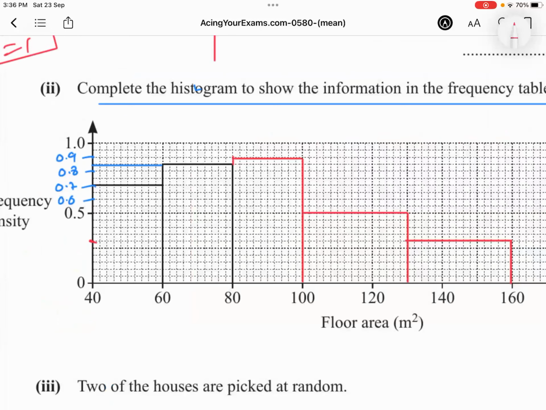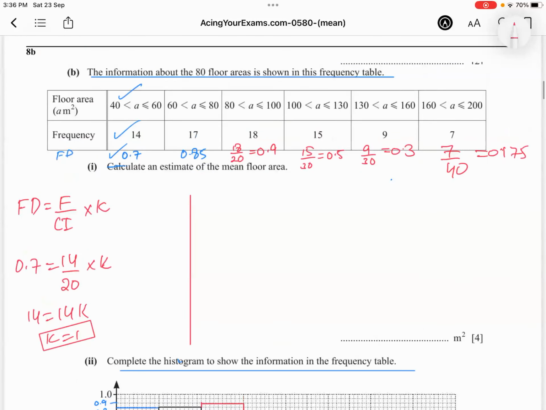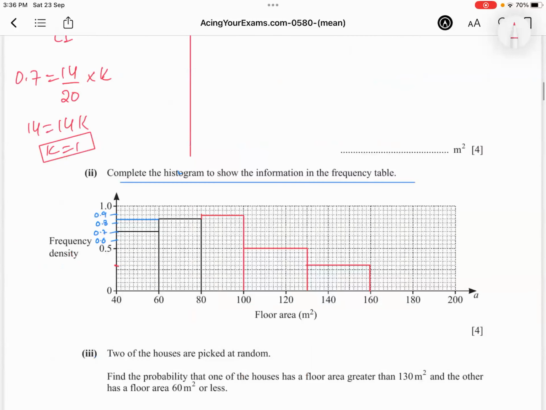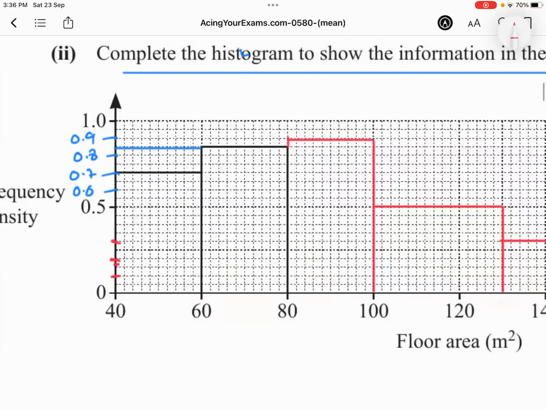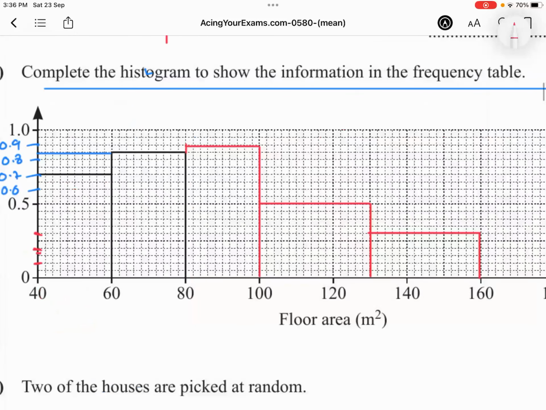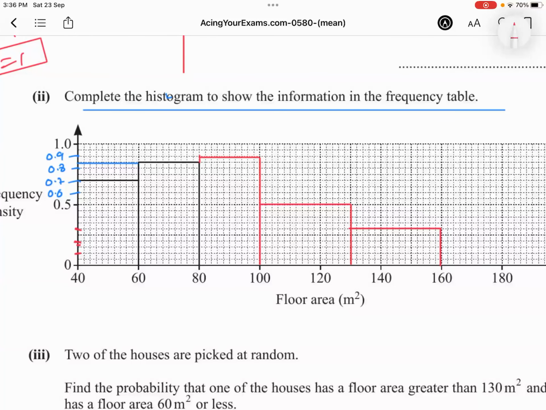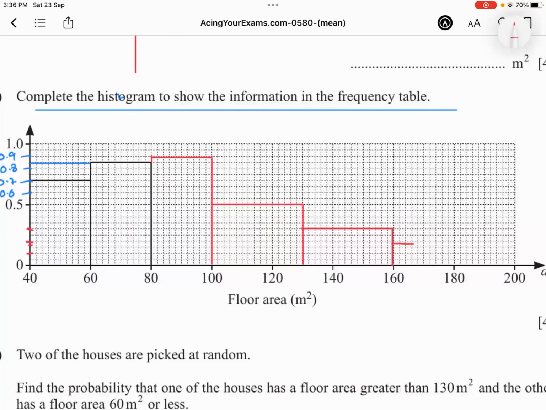Okay. Then we have 160 to 200, 0.175. So that is 0.1, that is 0.2. So 0.175 will be here. So a fourth block with a lower height. So that is your histogram. I hope all of you understood the histogram very well.